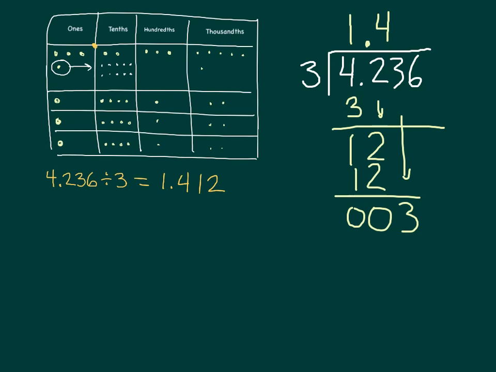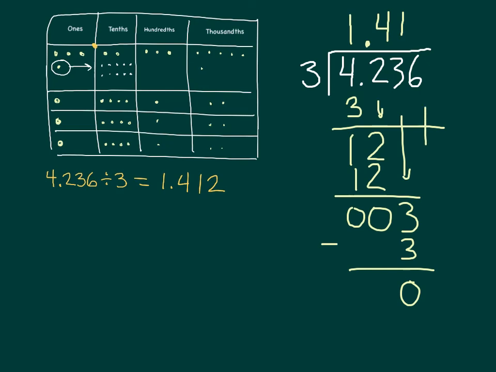Then I'm going to have my 3 hundredths, just like I had over here. And if I take 3 hundredths and divide it into 3 piles, I get 1 hundredth in each, and that's 3. And if I subtract, I have none left over, which is exactly what happened in my model.